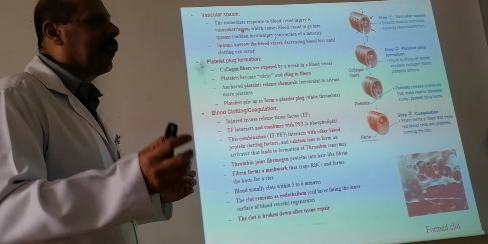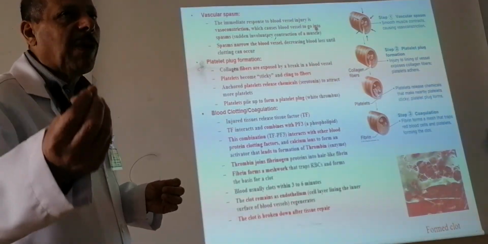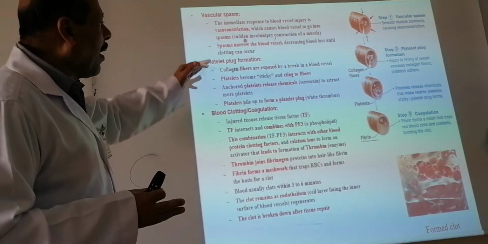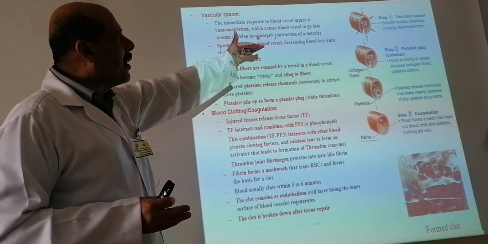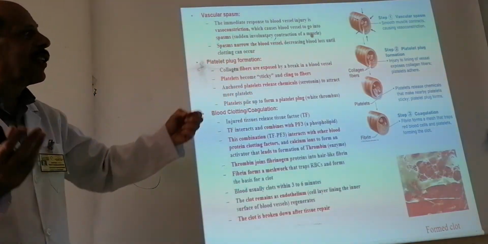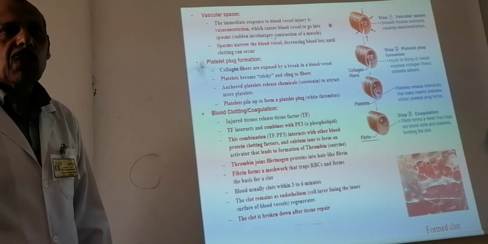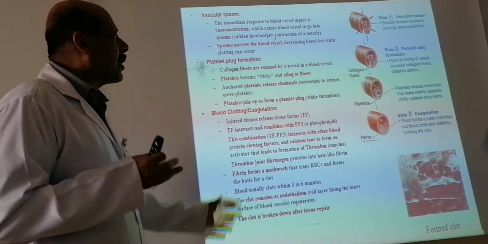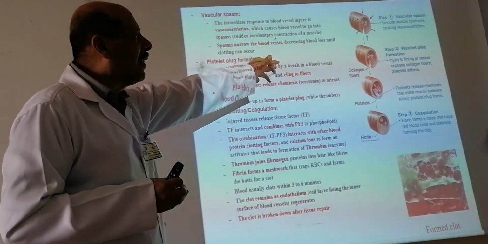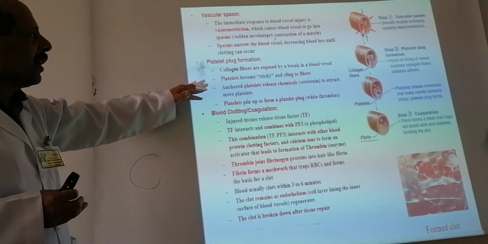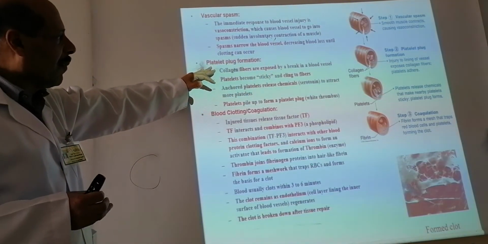Vasoconstriction will decrease the amount of blood to the area. It is a sudden involuntary contraction of the muscle in case of injury. Spasm will narrow the blood vessel and decrease the blood loss until clotting happens.